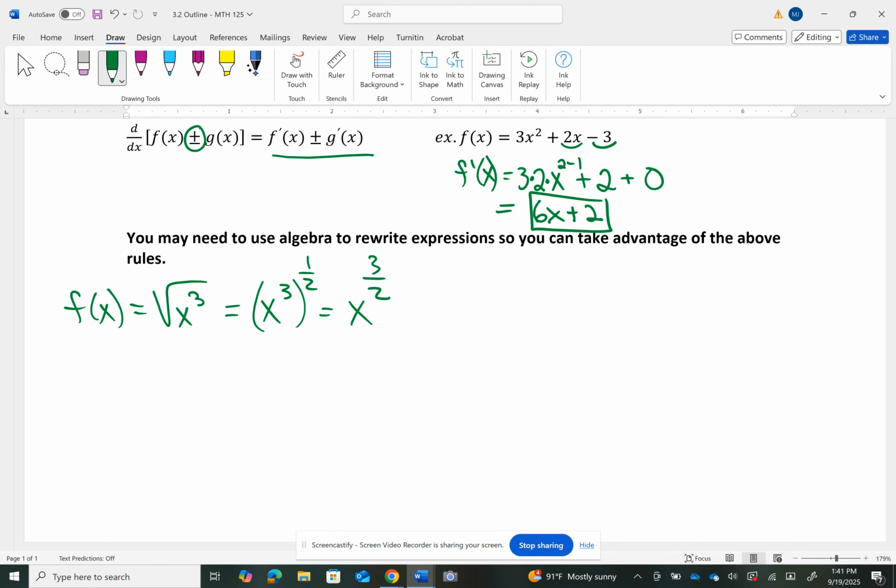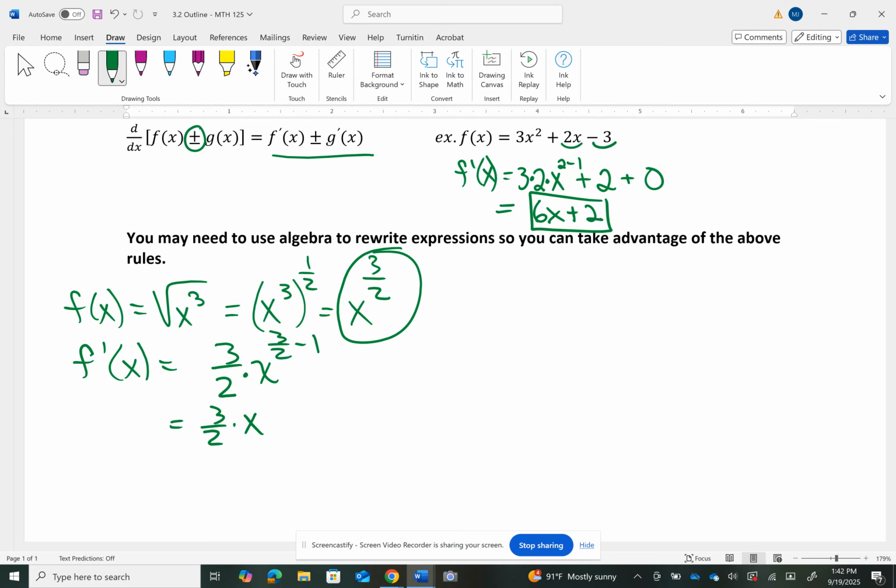And then when I go to do the derivative of that, I can think about it like a power function and bring the exponent down in front, keep the x, and then subtract 1 from the exponent. So that would be 3/2 times x.